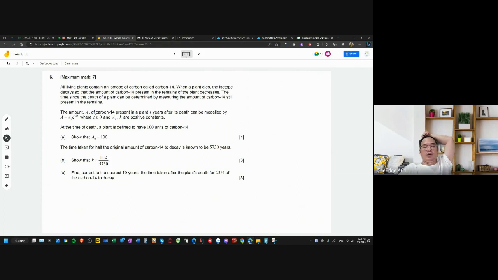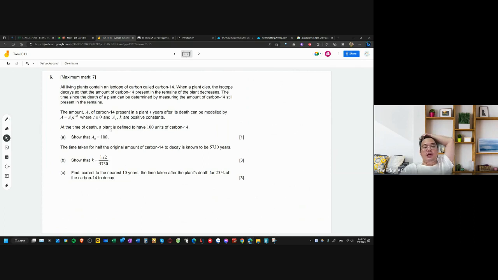The amount A of carbon-14 present in the plant, this is called the activity, t years after its death can be modeled by this formula. In physics, it is the lambda, which is the k constant. Here k is a positive constant.